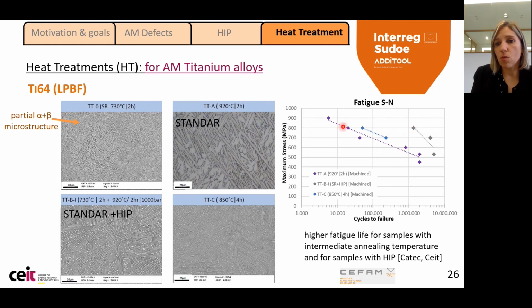In addition, if we compare in purple the standard temperature and in blue the alternative one, we see that we are able to increase this fatigue life by slightly reducing the standard temperature in titanium 6-4 alloys. So again, we see that sometimes the standard treatments for conventional manufacturing methods are not the best option in our case for AM.